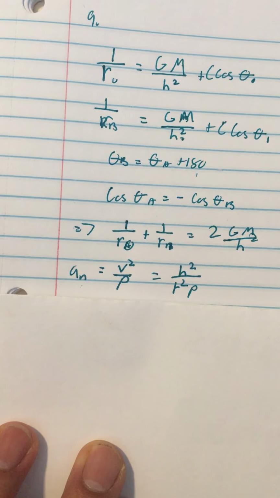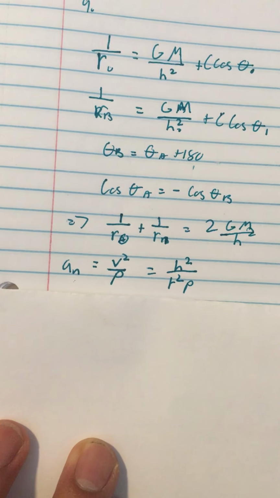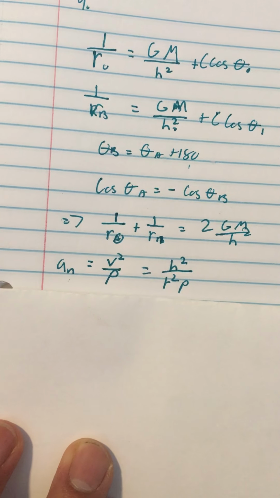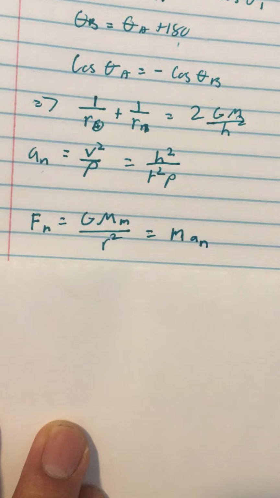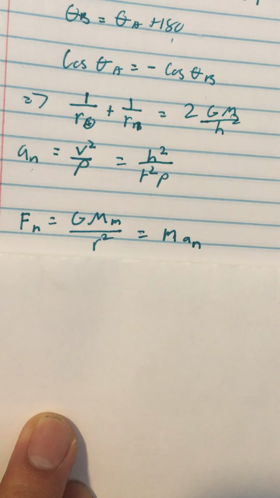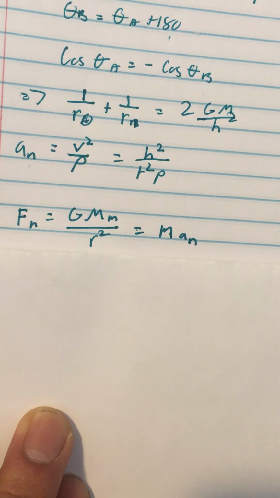Then we know that our normal acceleration equals this V squared over rho. Change over that value for V, and we got h squared over r cubed, that right there. Then we set up our force equation.